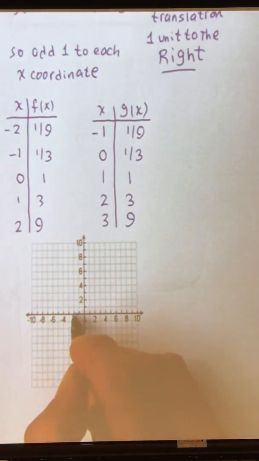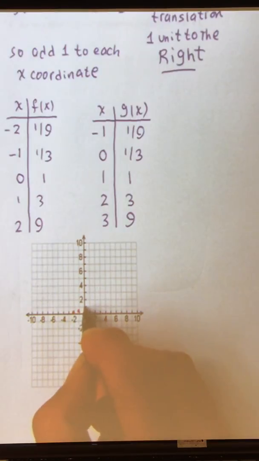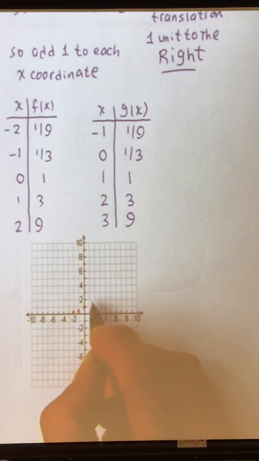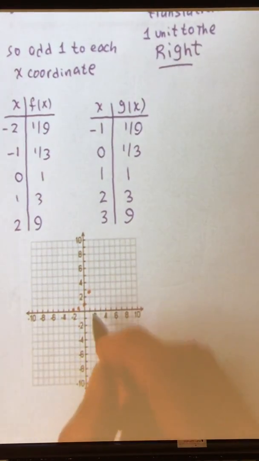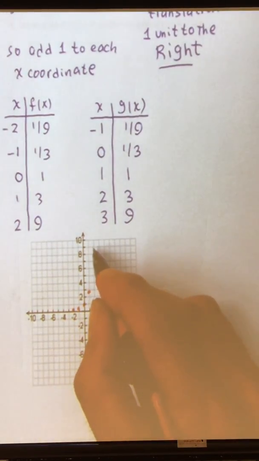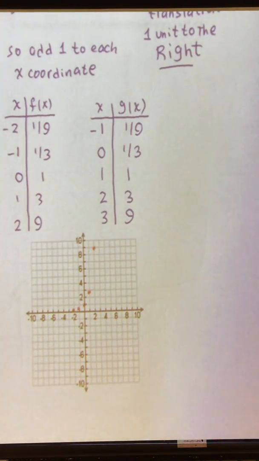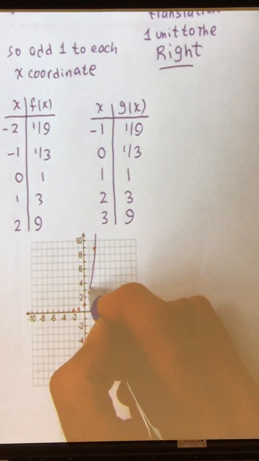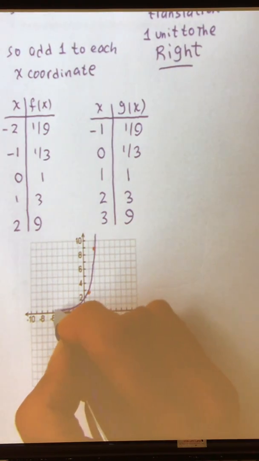So -2, 1/9, -1, 1/3, 0, 1, 1, 3, and 2, 9, about there. And we'll draw that graph. That is our f of x graph.